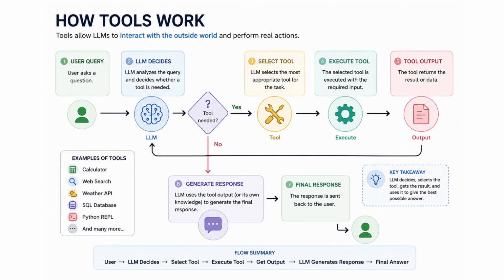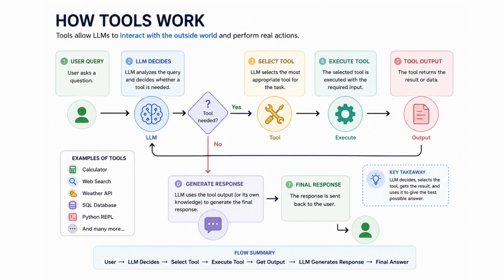The LLM analyzes the entire request and realizes that it doesn't know the current weather, but it has a weather tool, so it decides to call that tool. Then the tool fetches the live weather data from an external API and sends the result back to the LLM. Finally, the LLM converts the raw data into a natural language response for the user.